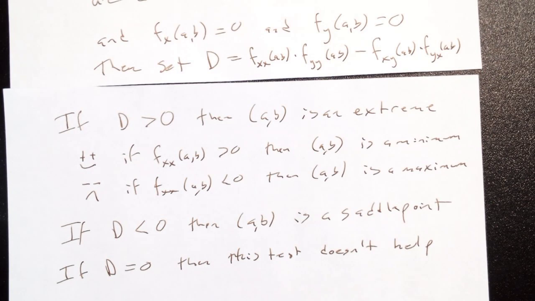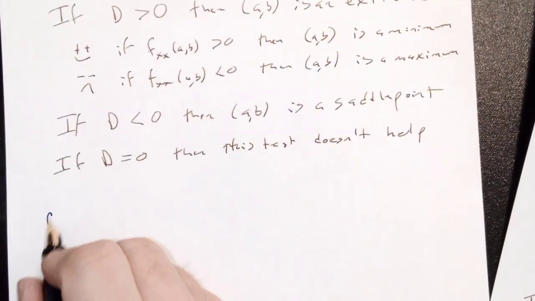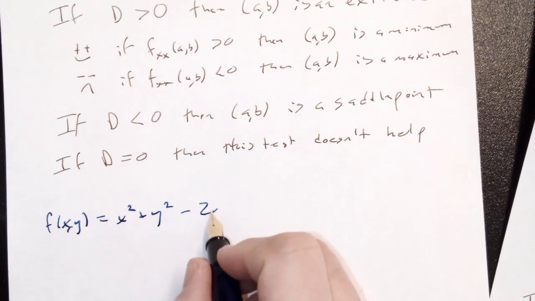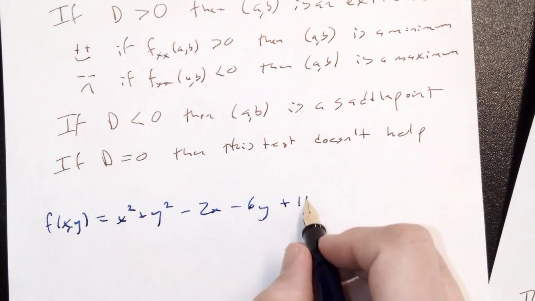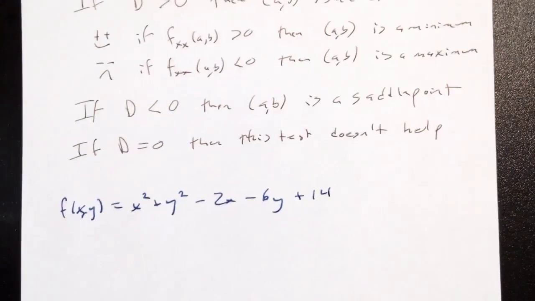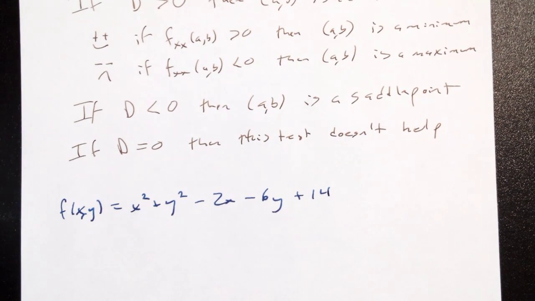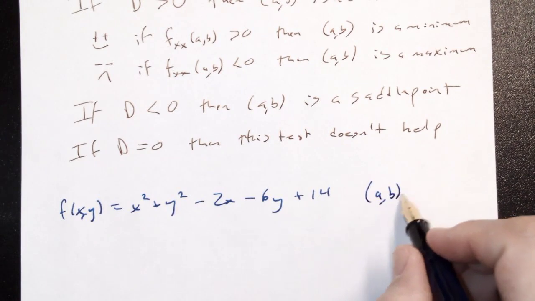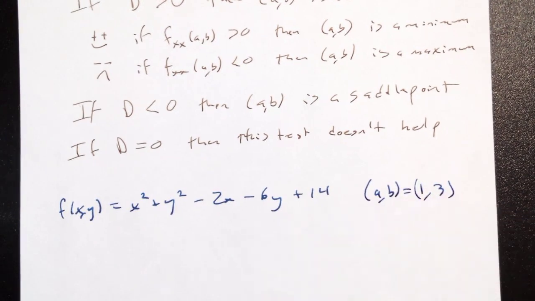We already know two functions. One of them has a minimum, one of them has a saddle point. Let's check. Our paraboloid, f of xy was x squared plus y squared minus 2x minus 6y plus 14. Our critical point was at what point? 1, 3.